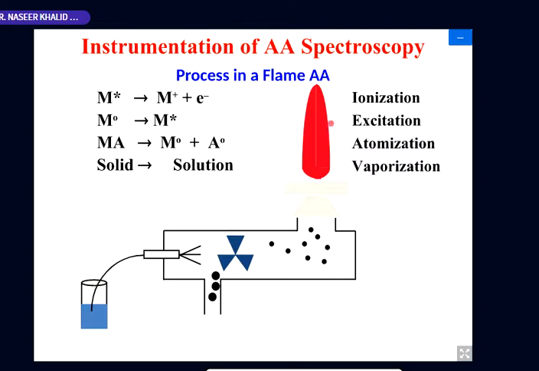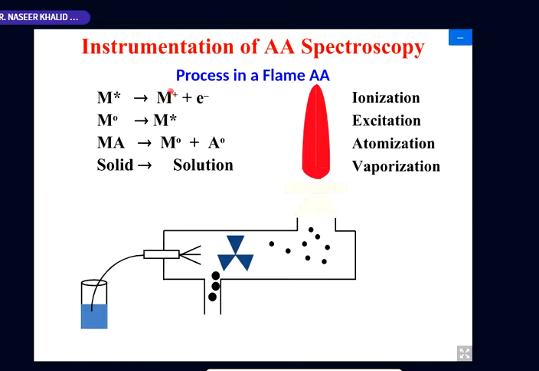Now, this M0, in the next stage, is excited from ground state to excited state. And at the top of this flame, the excited atom gives up its electron and converts into a positive ion.